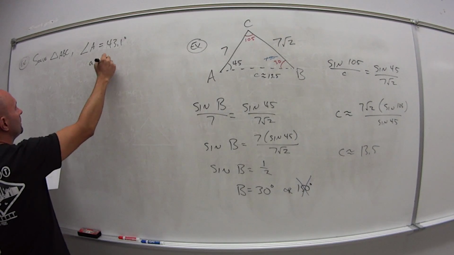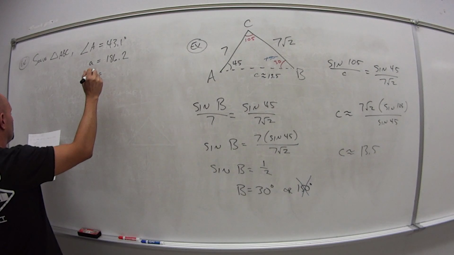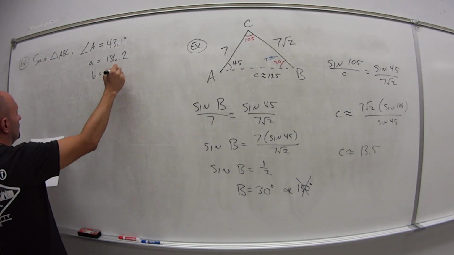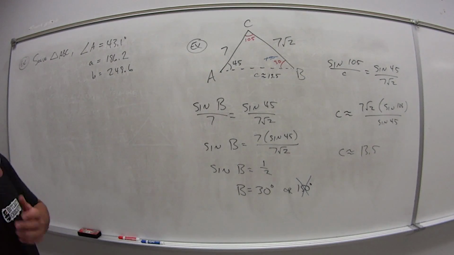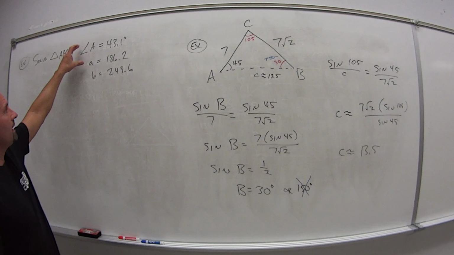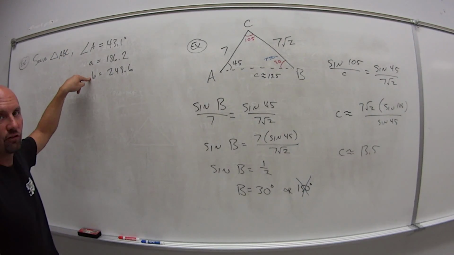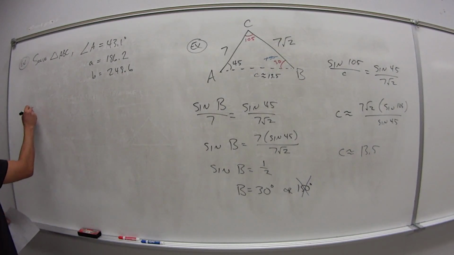Side A is 186.2, and side B is 248.6. So I'm not even going to draw the triangle yet. I have what I need, right? Angle A, side B. So using the law of sines, what do I get?